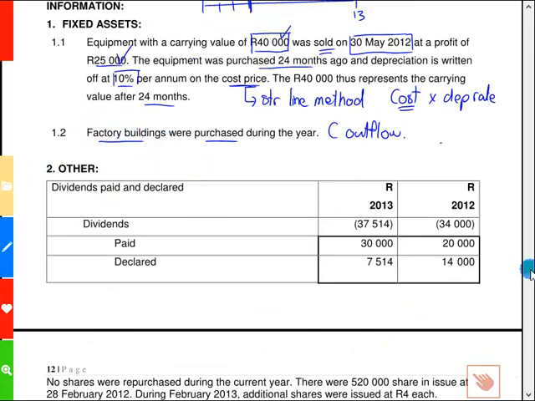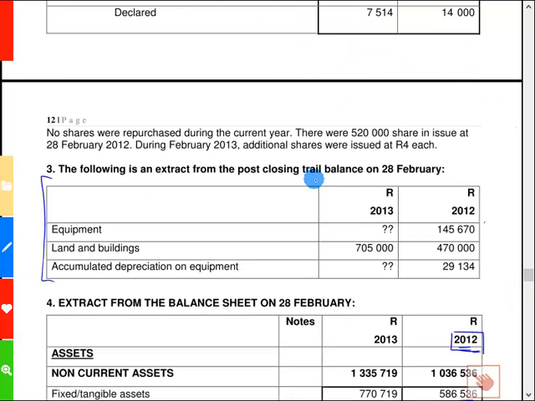So let's see. Now we've got some more info. Post-closing trial balance, in other words, all the closing entries have been done, and this is what we have. Equipment, we don't know what the closing balance is, probably because we sold that piece of equipment. Land and buildings, here we know 705 at the end of 2013 and 470 at the end of 2012.